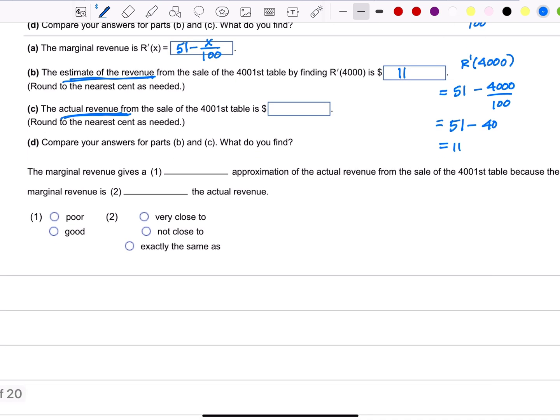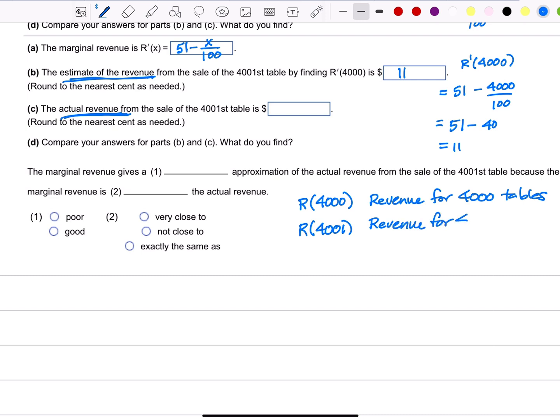Now, if we do R of 4,000, that's the revenue for 4,000 tables. If we do R of 4,001, that's the revenue for 4,001 tables.